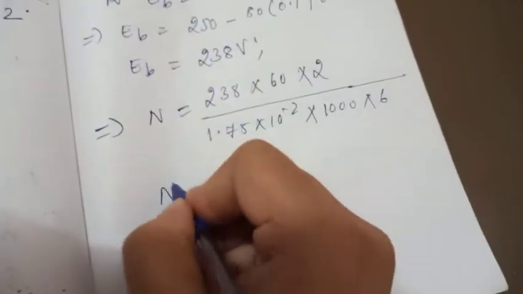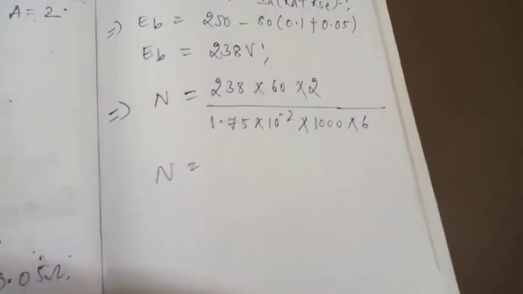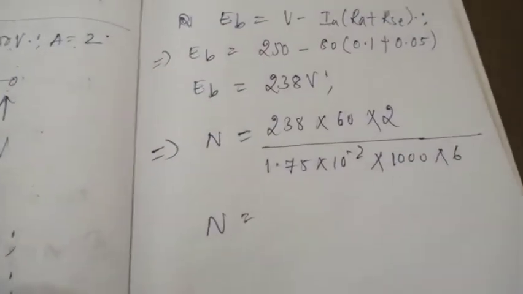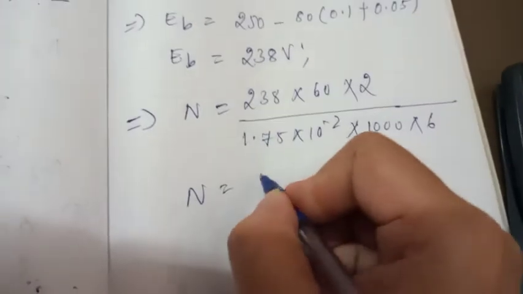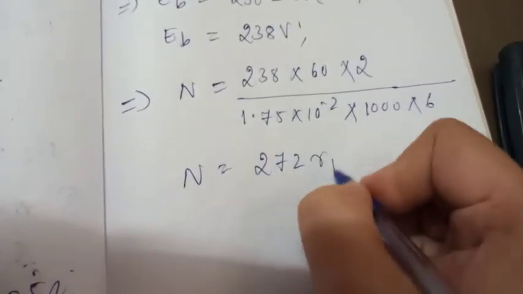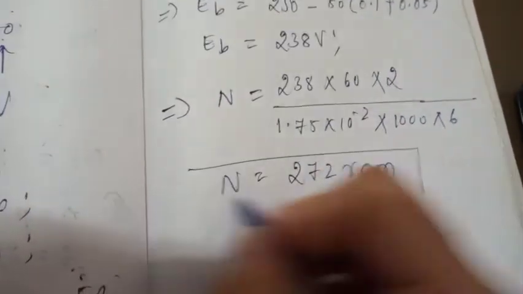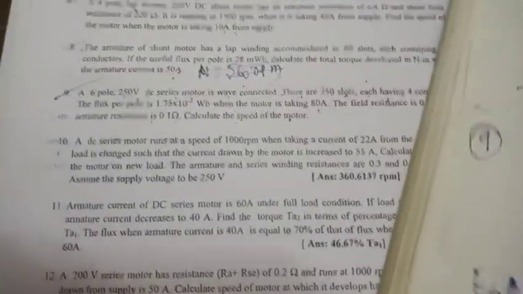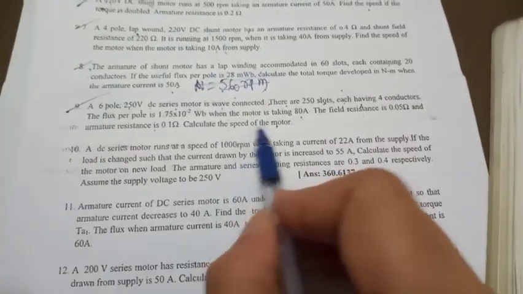So N will be around 272 rpm. This is the solution for problem number 9. This is the speed of the motor.